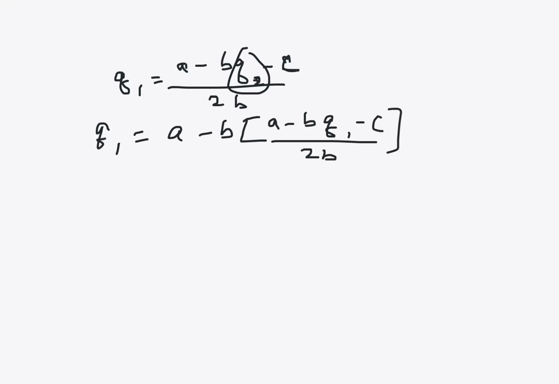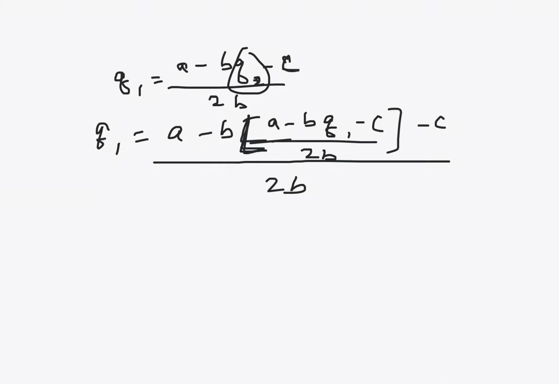So this is your Q2 inside the bracket. And then minus C over here, and then everything is divided by 2B. So that's the trick here. You just take the reaction function of firm 2, plug this into the reaction function of firm 1, and then you have just one unknown, that's Q1, and you need to solve for that.